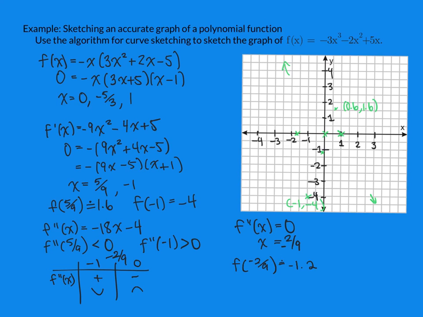So we got there. It's going to be our point of inflection. I really should label that point outside of where I know that drawing is going to be, and we'll just use an arrow to show where that point of inflection is.